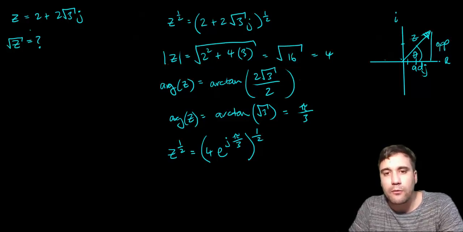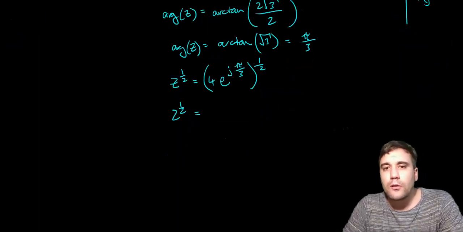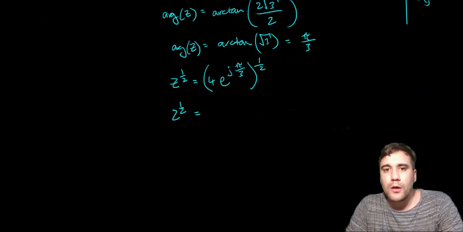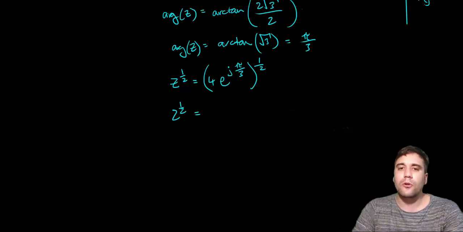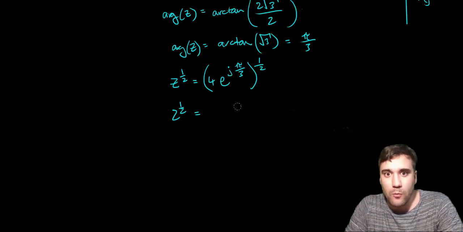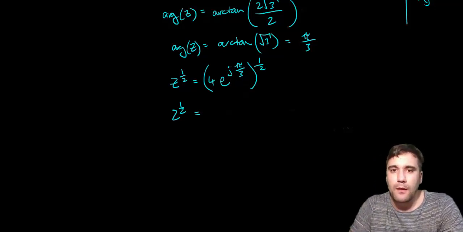We're taking the square root of it. So we've got the square root of z is equal to 4e to the j pi on 3, square rooted. And just like when we did the root 16 example at the beginning of all this, what we need to remember is that we're going to have more than one possible answer, right?